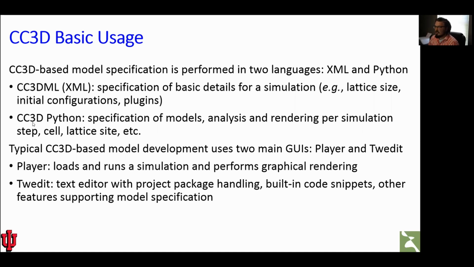And this is set up so that model specification can be done to describe events, attributes, so on and so forth, per simulation step, per cell in simulation, per lattice site in a simulation domain. So all of the finer, subtler points of doing model specification, doing implementation, as well as doing things like data analysis and real-time graphics rendering when a simulation is actually being simulated.